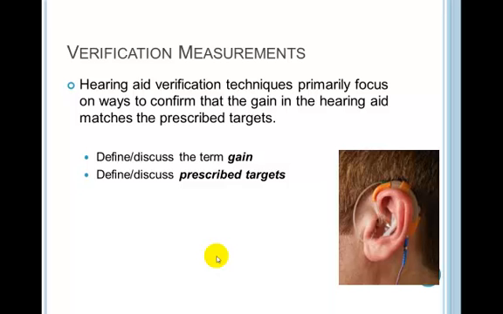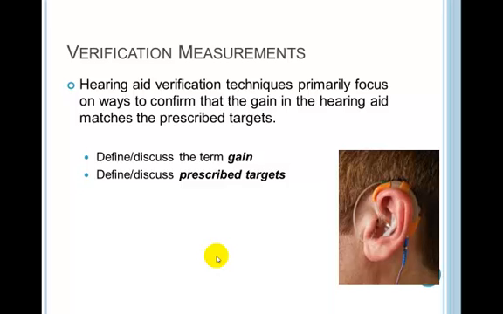Then we're going to go through the whole orientation: the components of the hearing aid, how to tell the right hearing aid from the left hearing aid, batteries, how to put the batteries in the hearing aid, how to take the batteries out of the hearing aid, not to swallow batteries, where to buy batteries, cleaning of the hearing aid. Okay, so these are all hearing aid orientation. Basically, we do all of that, and then we program the hearing aid. And unfortunately, I have that at the latter part of this slide, so I did this slightly reversed.